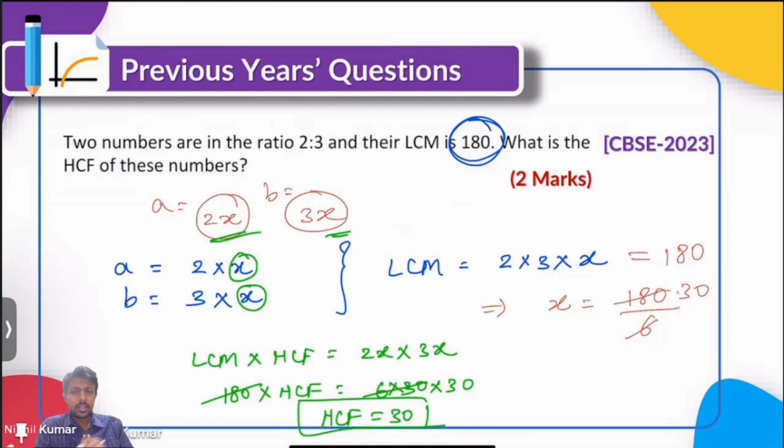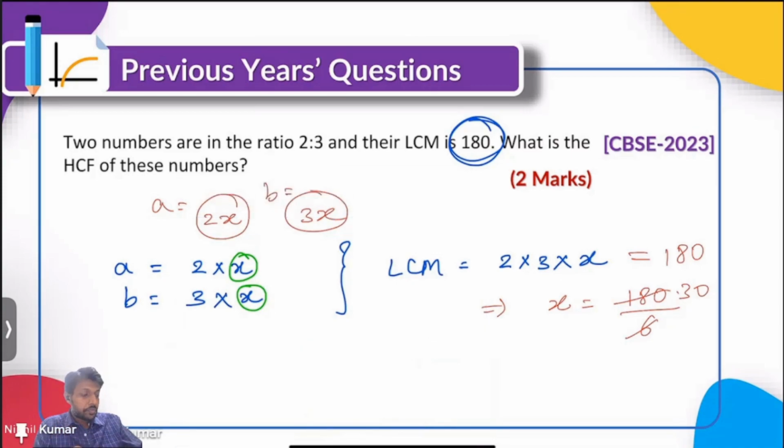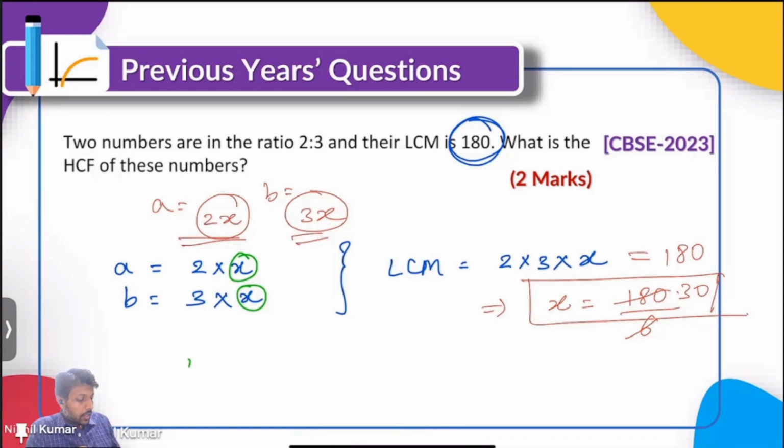But let's say you've forgotten this relationship between LCM of two numbers and HCF of two numbers. What to do then? That can also be done. Let's see how. So instead, this time what we will do is, we'll figure out the values of A and B. Since I know what x is and I know what A looks like, I know what B looks like, I can find the actual values of A and B. A is equal to 2 into 30 and B is equal to 3 into 30.